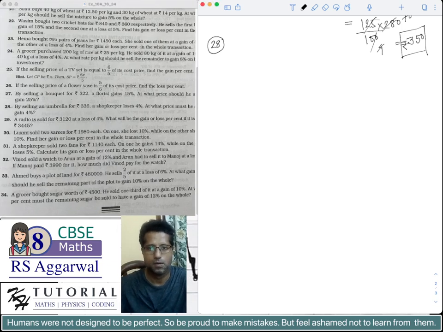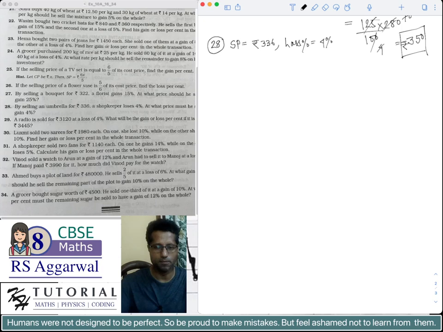Okay, so the selling price is given to be equal to 336, and the loss percent is given to be 4%. So when the selling price is rupees 336 of the umbrella, the loss percent is 4%.